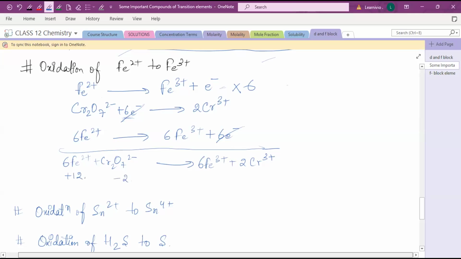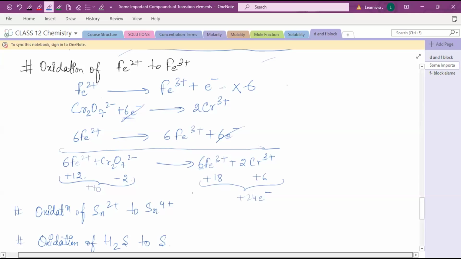On the right, Fe3+ has charge plus 3, but the coefficient is 6, so you multiply by 6 and get plus 18. And here, 3 times 2 is 6. When you add these two, you get plus 10. On the right side, you get plus 24.